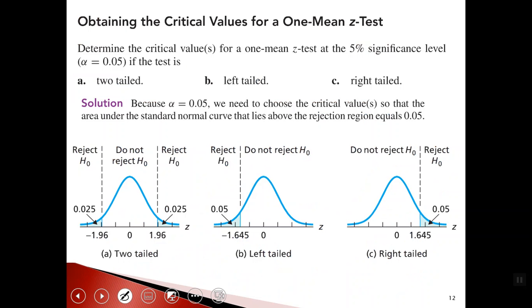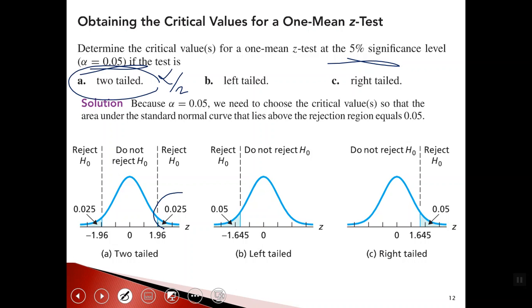Obtain critical values for one mean Z test. You know what a Z test is? I think we have done it. You can consider alpha 0.05 or a 5% significance level. They are the same for two tail, left tail, right tail. First consider the two tail case. What do you have to do? You have to consider alpha over 2.